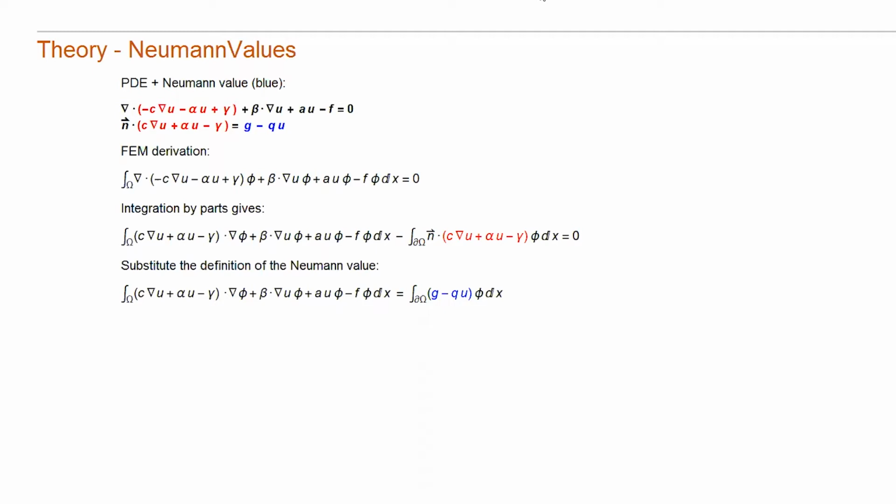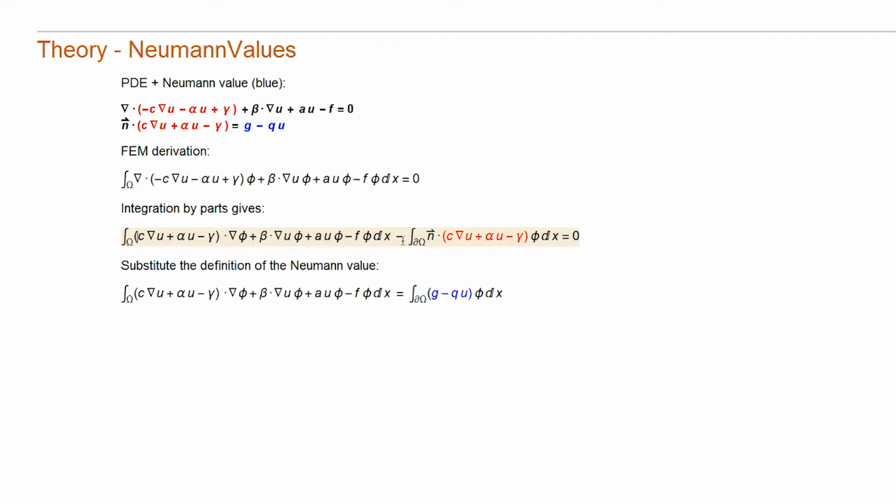Now, that expression is integrated by parts. Doing that gives two interesting properties. First, note that the differentiability on the function phi is increased by 1, but the differentiability requirement on this part of the integral is decreased by 1.